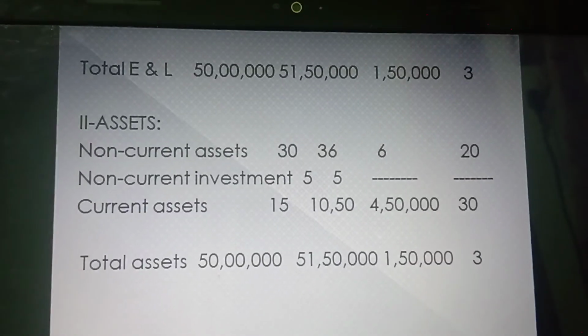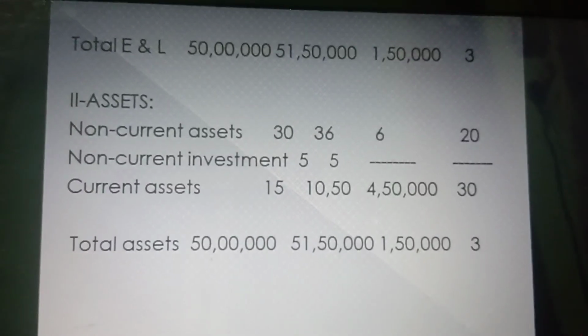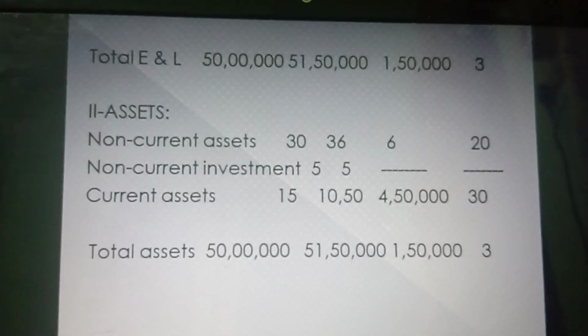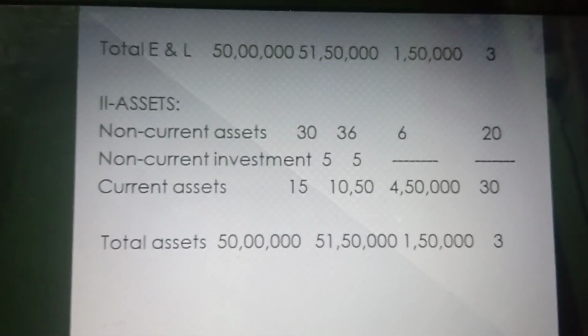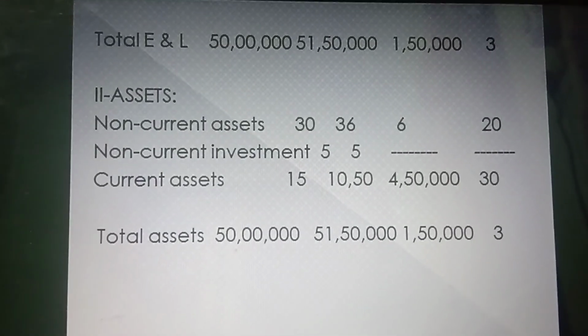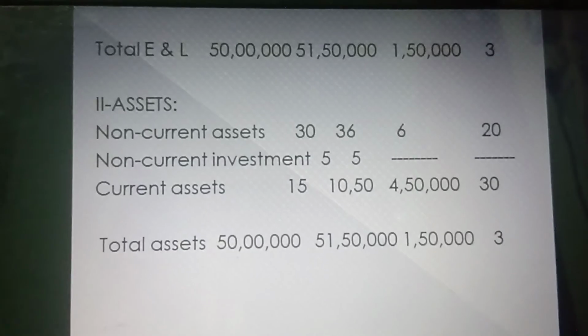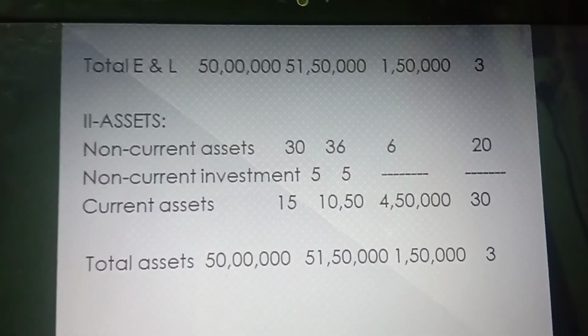Now students, the main thing, the theme of this numerical: as a manager or management accountant, what is the conclusion, what is the picture exactly, what analysis have you found? Well, see, it is showing that the company's position is quite better. It is showing its efficiency also.